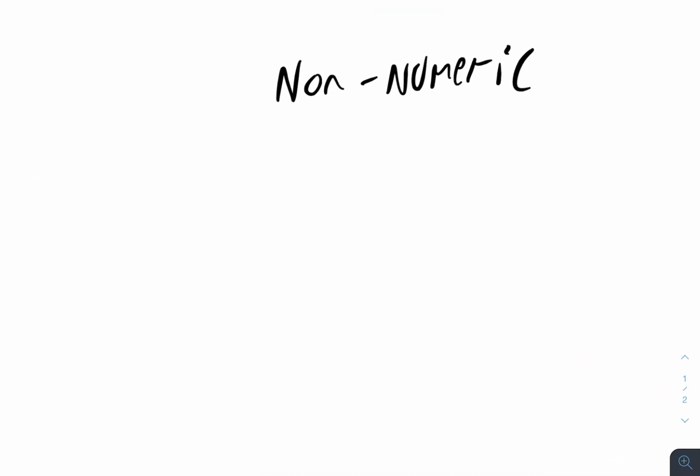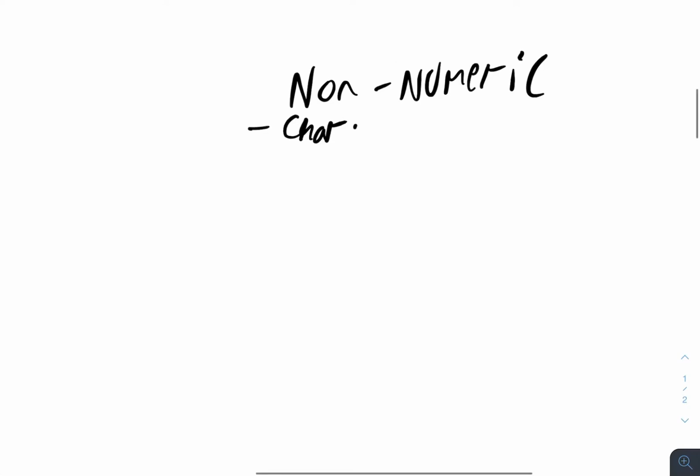And the most obvious non-numeric is the char. And the char is essentially just a character. It can be a letter. It can be a number. When you have a char that's a number, you're talking about the word, not the quantity. So if I have, say, the character 4, that's like actually spelling out 4.